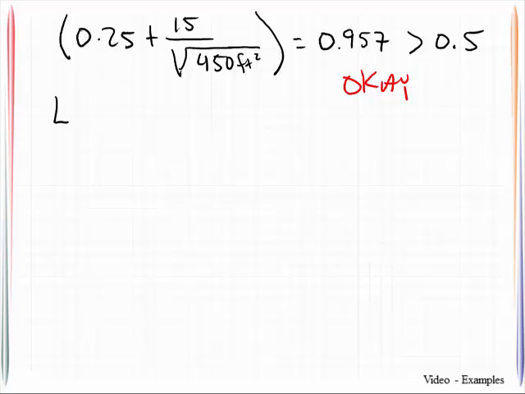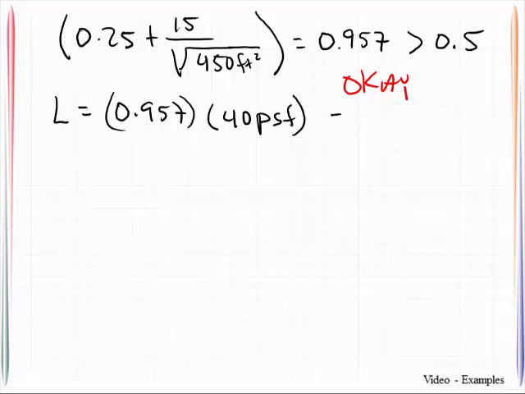So the new live load that we will be using is 0.957 multiplied by the 40 pounds per square foot. And so we can use 38.3 pounds per square foot for this particular beam.